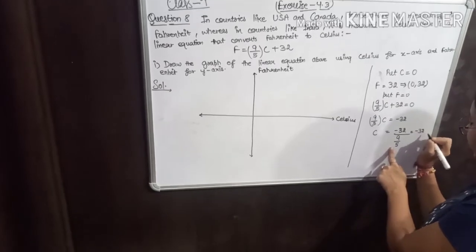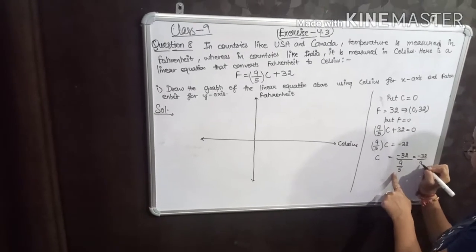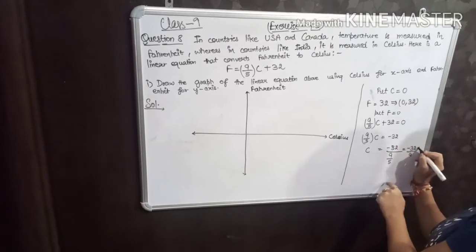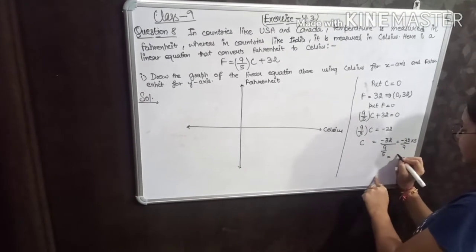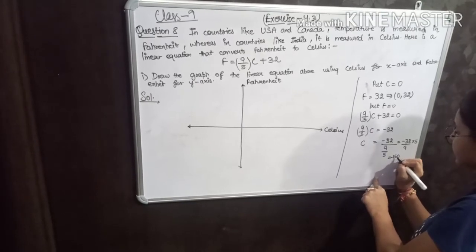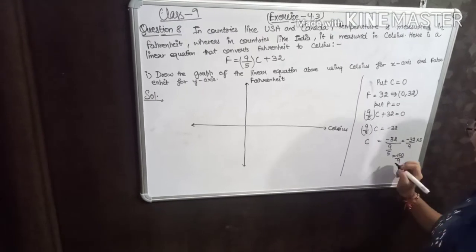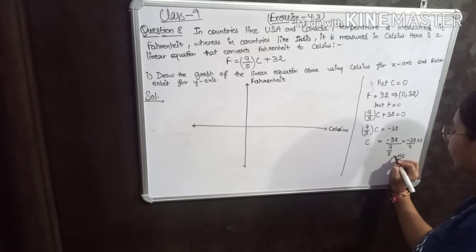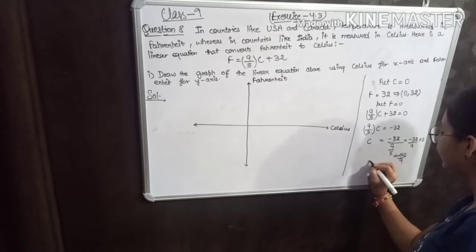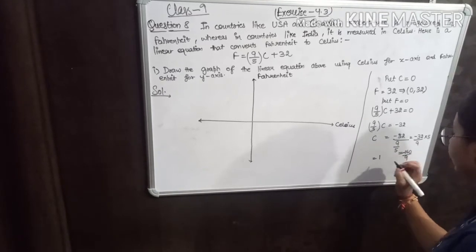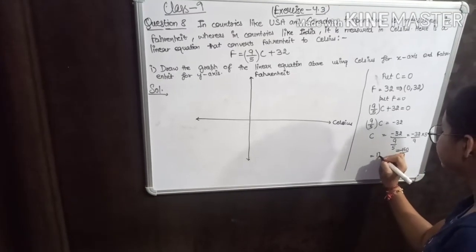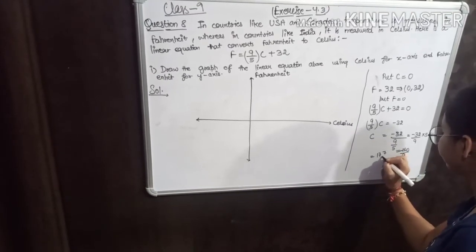This 9 by 5 will go to that side with division sign, and you can solve this as minus 32 upon 9, and this 5 will come up and it will give you minus 160 upon 9. Minus 160 upon 9 can be written as 9 ones are 9, and 9 sevens are 63 and this 7.